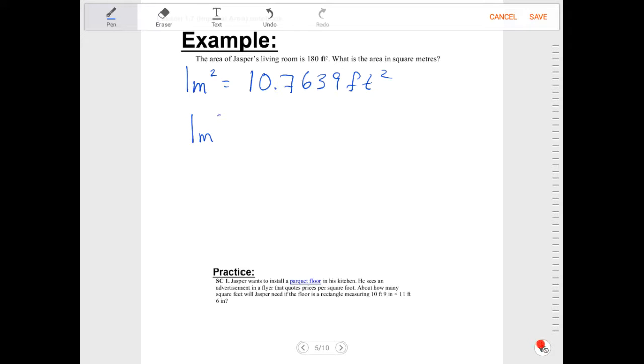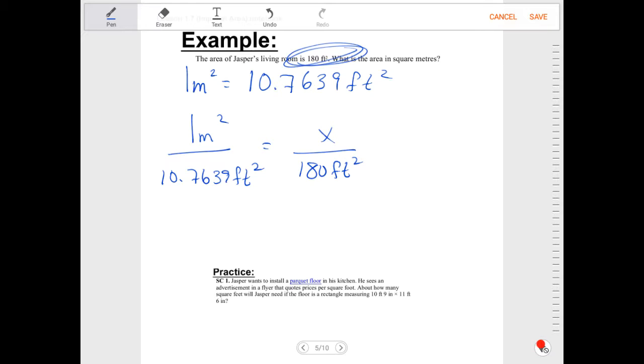So let's just put that into one of our proportions and go for it. So 1 meter squared over 10.7639 feet squared. Our question was 180 feet. Feet were on the bottom left, so go on the bottom right. You would cross multiply and divide.